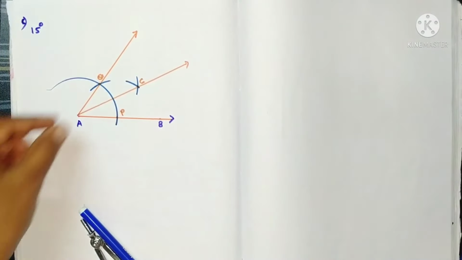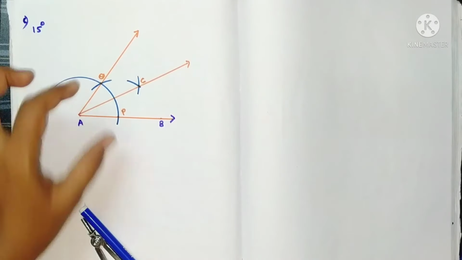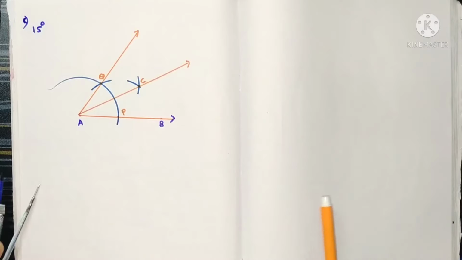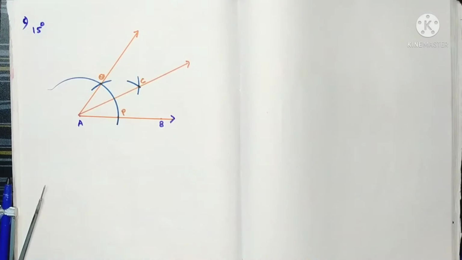So now this angle is 30 and this angle is 30. But actually we want to draw 15 degrees, right?